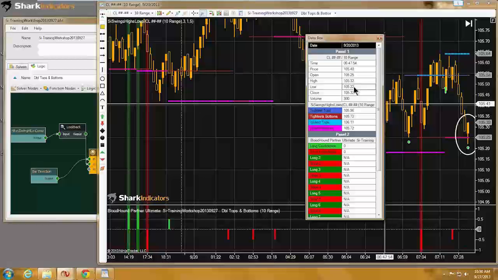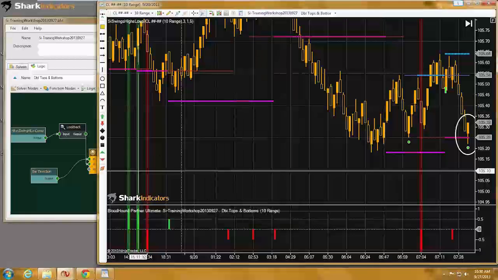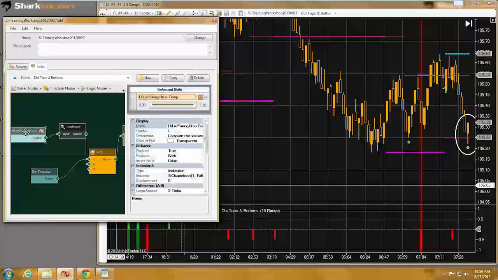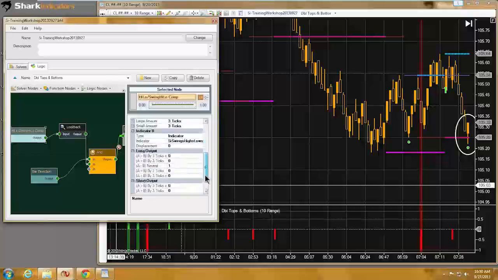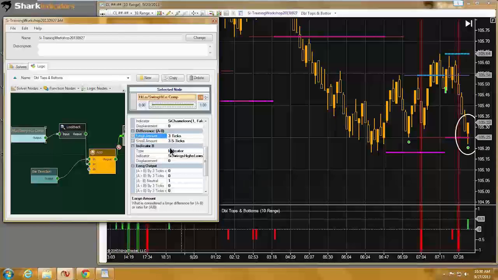And to me, it seems like prices coming in that are not rounded to the tick price happen a lot on oil. The way we can compensate for that, excuse me while I take a drink of water, is to put 0.35 ticks in there.